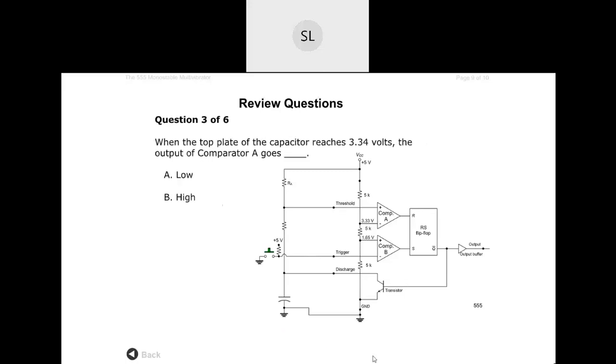When the top plate of the capacitor reaches 3.34 volts, the output of comparator A goes low or high? It will be high, correct?